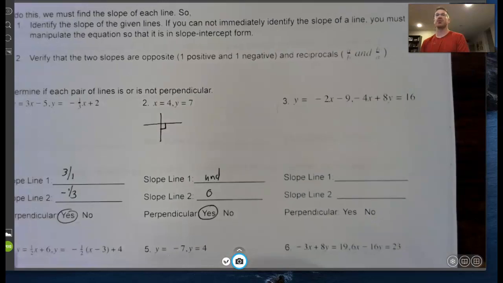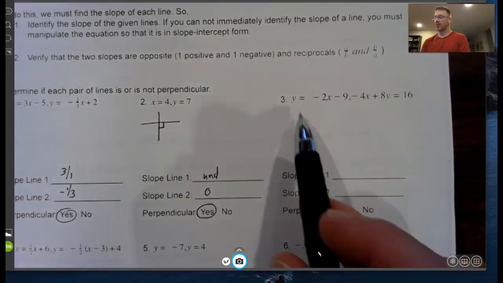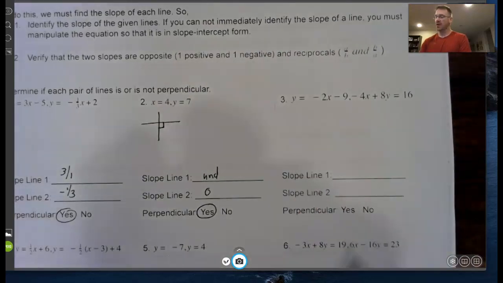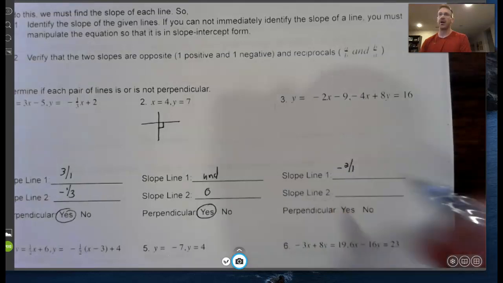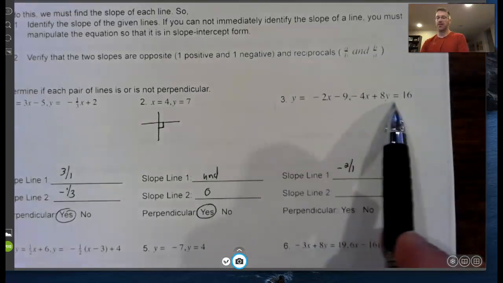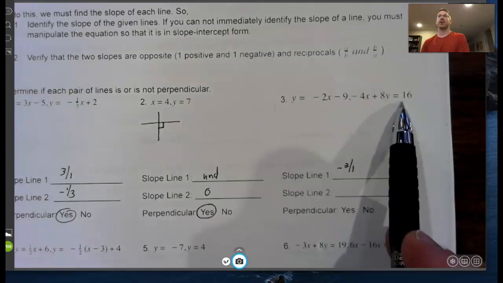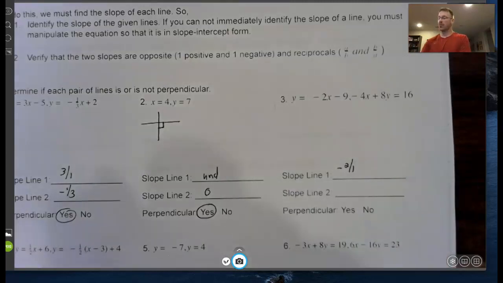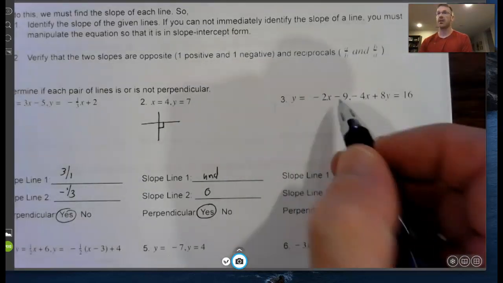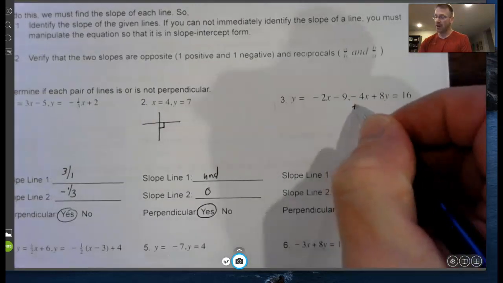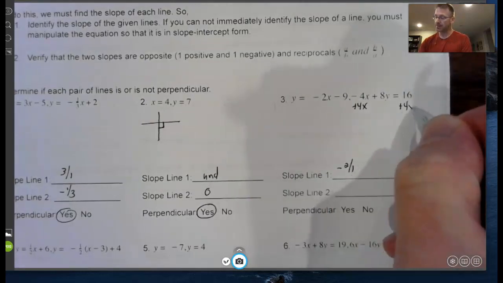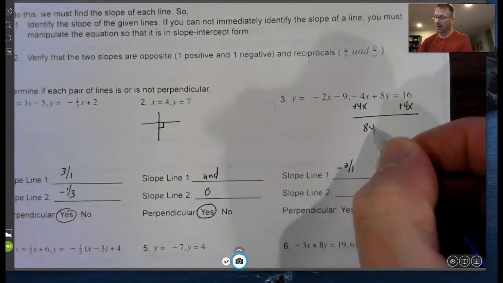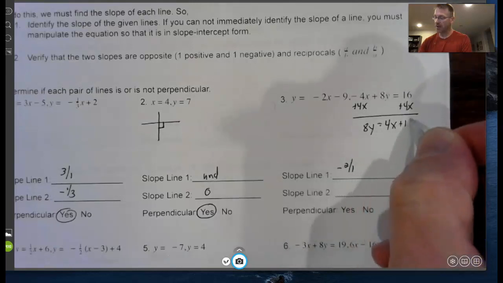All right, now let's jump to number 3 here. Once again, the first equation is in slope-intercept form. I can see that the slope would be negative 2 over 1. I cannot see my slope right here, so I've got to do a little bit of work, and this is where we work to make it look like slope-intercept form. So I'm going to add 4x to both sides. And so I get 8y equals 4x plus 16.